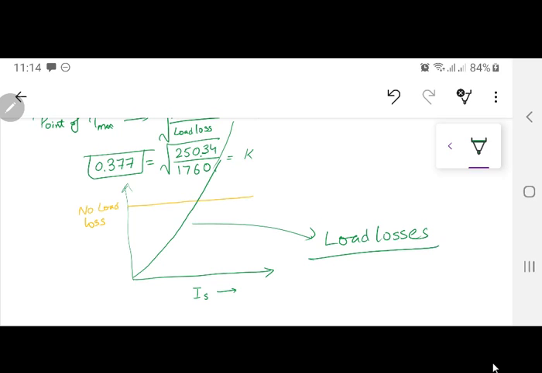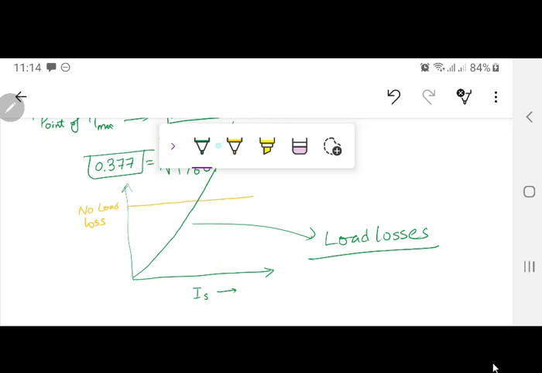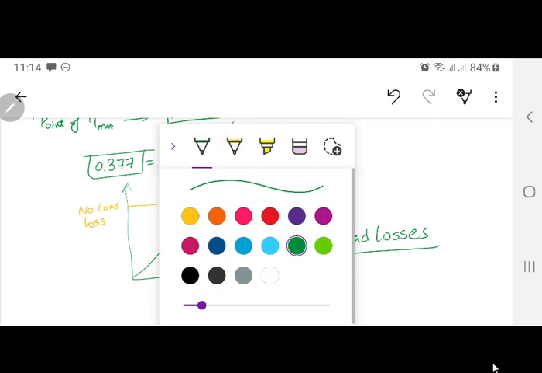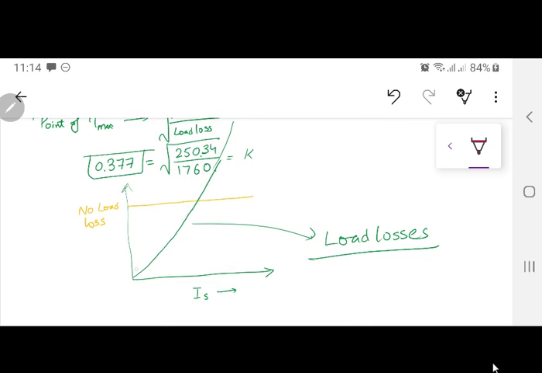Now the point at which they are both the same, and if I redraw it with another color, means that my efficiency is going to be like this. It is going to exhibit the maximum efficiency at this point, and according to our calculation, that point is at 37.7% of your load.